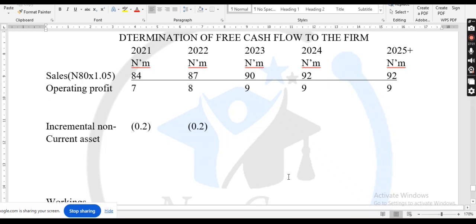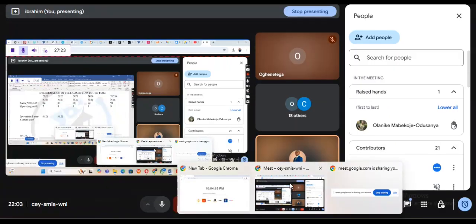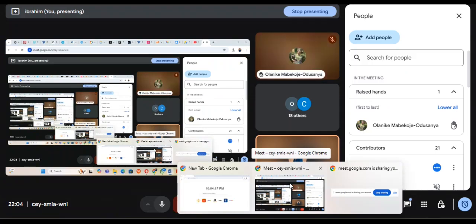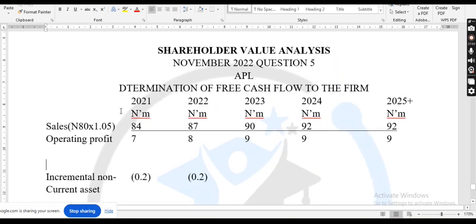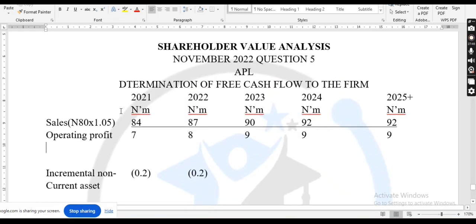When we add back, that is what we're supposed to do. Okay. So this is operating profit, right? So after the operating profit, are we told that depreciation is inclusive in the operating profit? Because this is an area we need to look at.